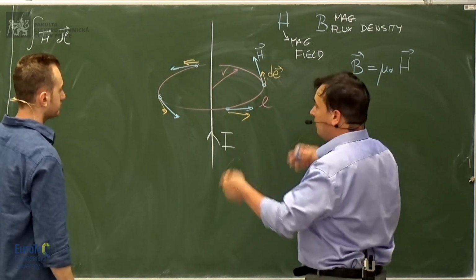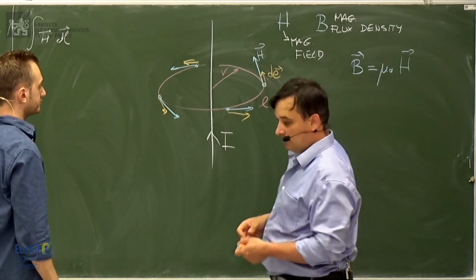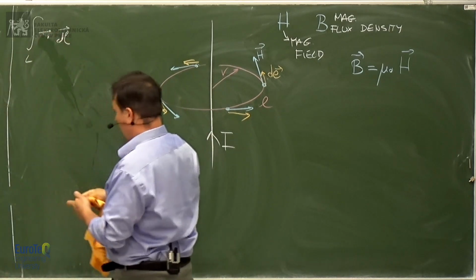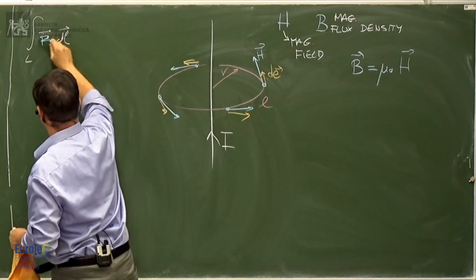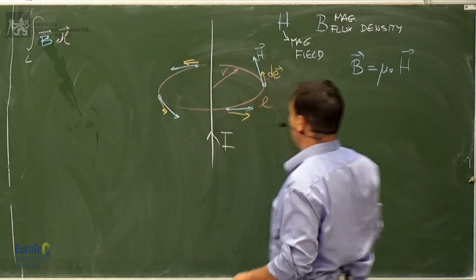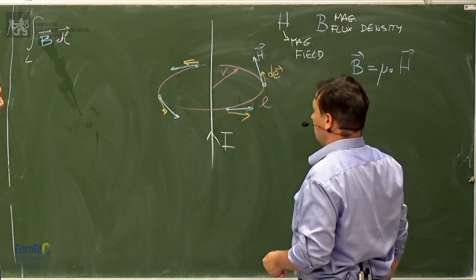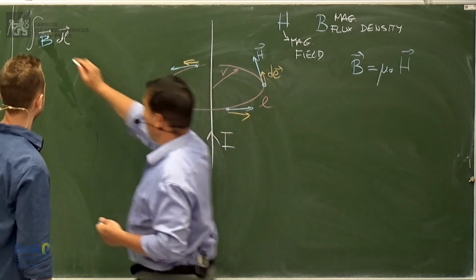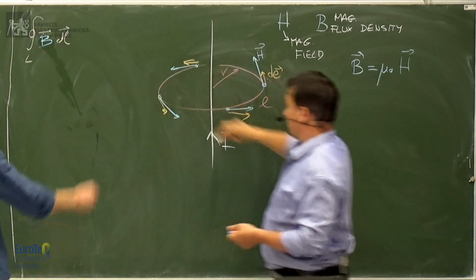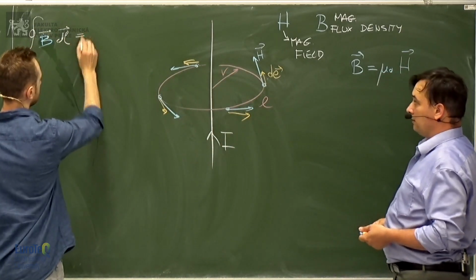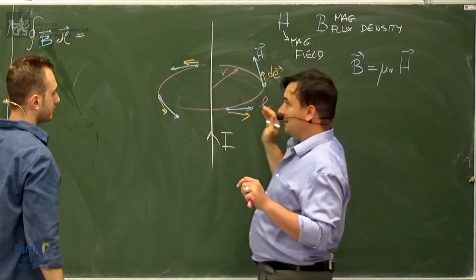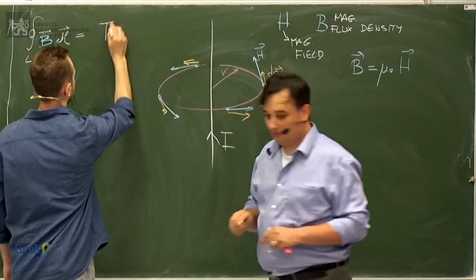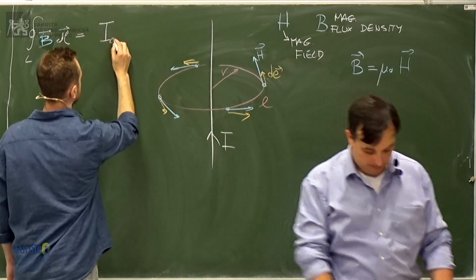So we can say the integral of B dl is equal to what? Don't forget, it's a line integral, it's closed. Firstly, there is the current flowing through the surface, so there's an I enclosed in the surface.